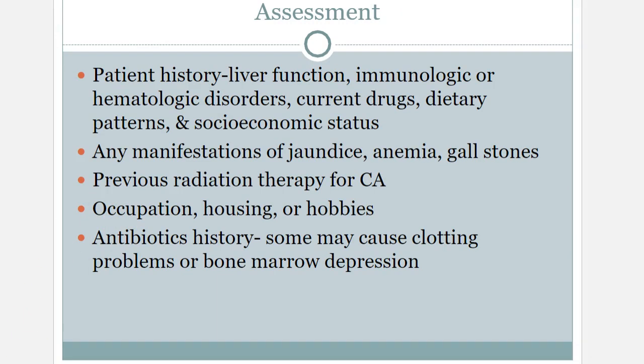Again, you can read this for yourself as to what kinds of situations or environmental factors, or even their dietary history, would have on their hematology system. And obviously, as nurses, assessment is a big part of what we do, looking at the subjective as well as the objective data for our patients.